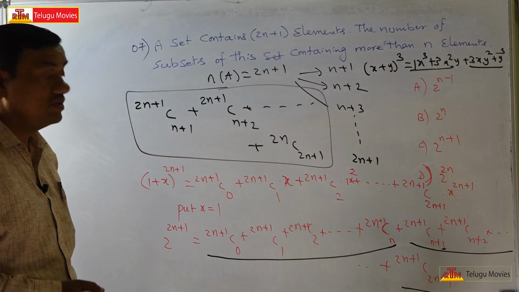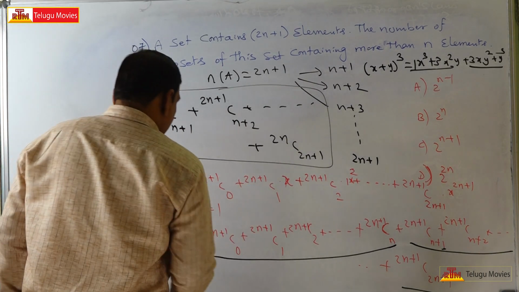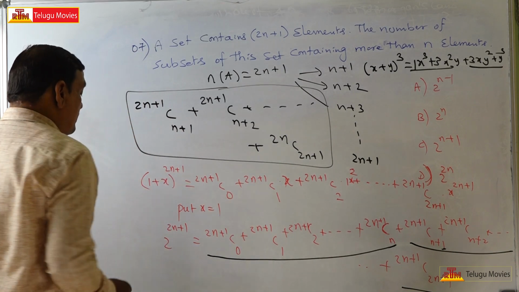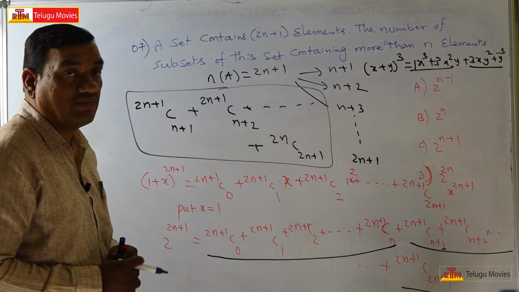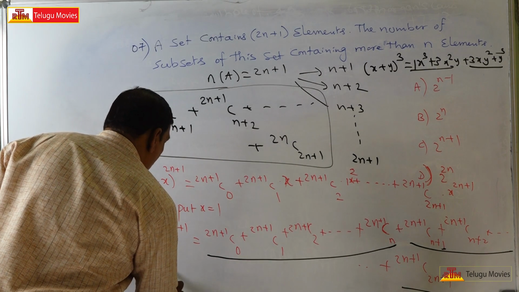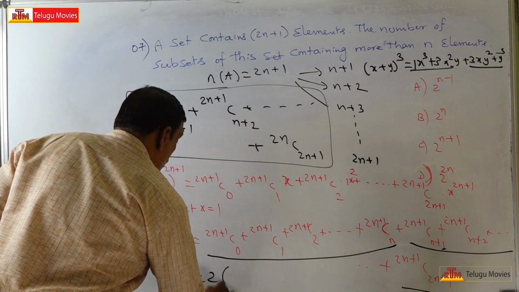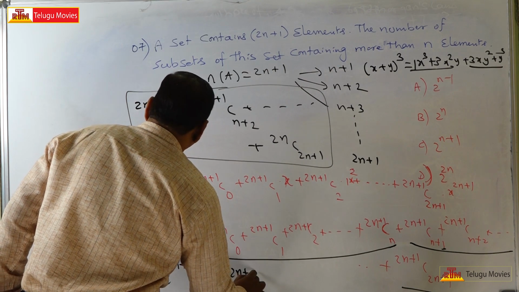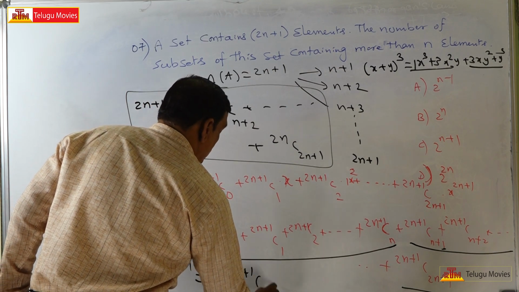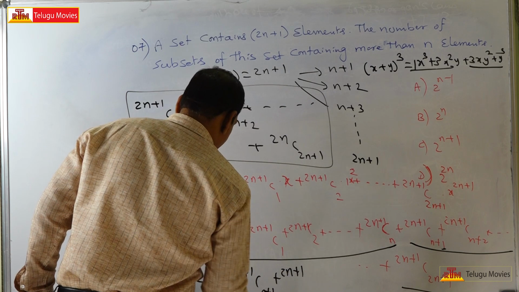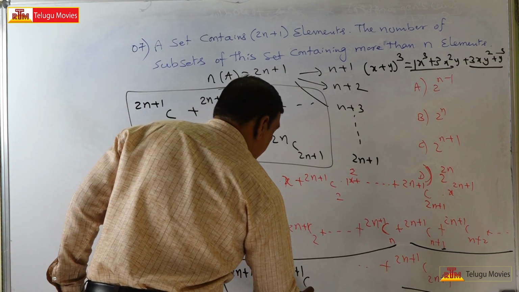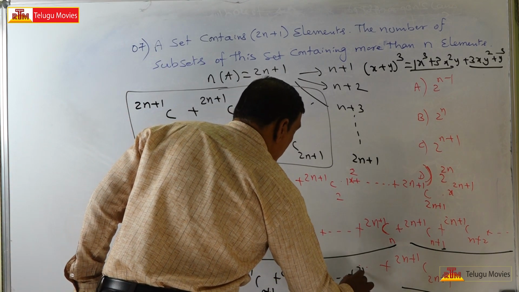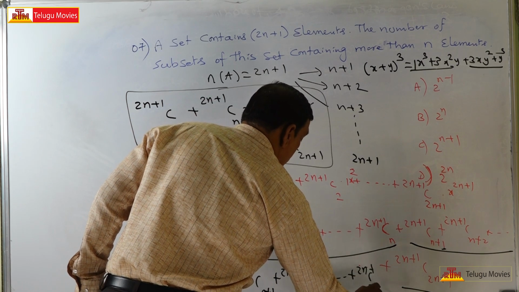That means 2 times this is equal to 1 plus 1, 2 to the power of 2n plus 1. So 2 to the power of 2n plus 1 is equal to 2 times this binomial coefficient sum: 2n plus 1 C n plus 1, 2n plus 1 C n plus 2, and so on, the last one 2n plus 1 C 2n plus 1.